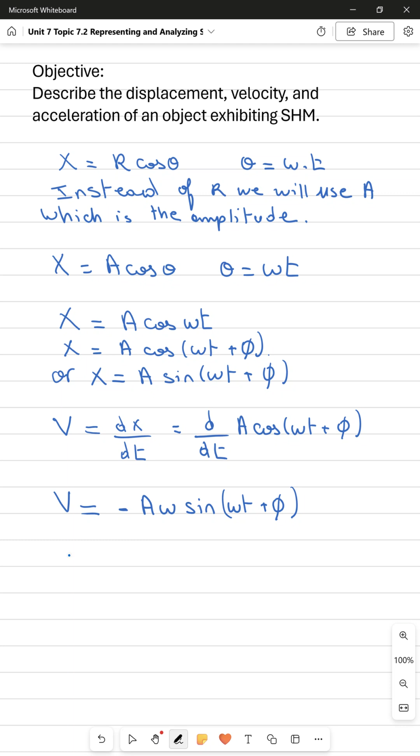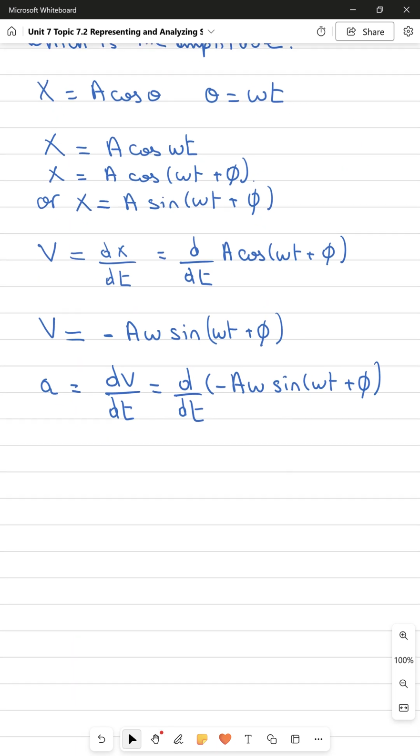Now, to get a, it will be equal to dv by dt, which is d by dt of minus a omega sine of omega t plus phi. Now, the derivative of sine is cosine. So we will get a equals minus a omega squared cosine of omega t plus phi. Now look at this one.